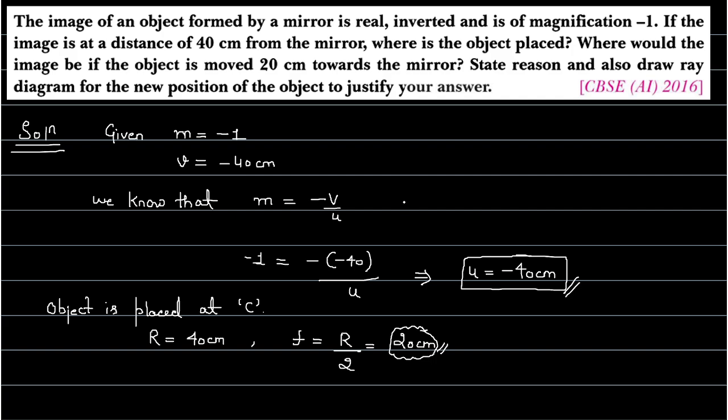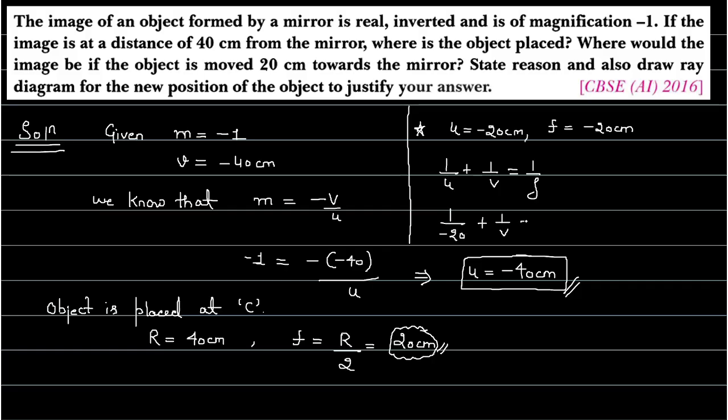We know this, but we can prove it by the mirror formula also. So U is equal to -20 now, and F is also -20 centimeter, right? Now we have to find out V. We know the formula 1 upon U plus 1 upon V equals 1 upon F. We put the values: 1 upon -20 plus 1 upon V equals 1 upon -20.